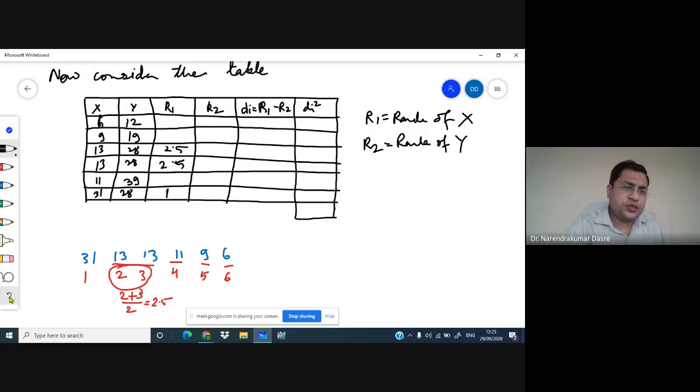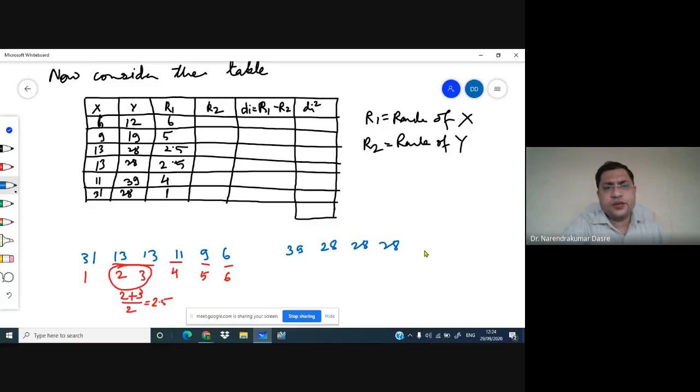Okay. What about this Y now? For Y, this is going to be 39, then 28, 28, 28, then 19 and 12. I'm writing these observations in descending order. Now see the rank.